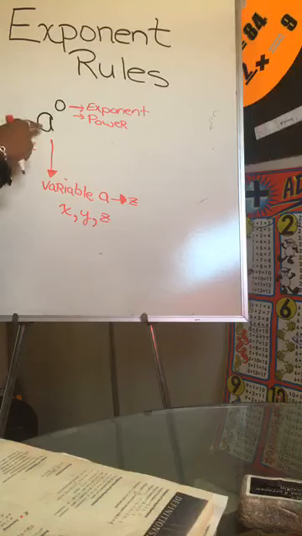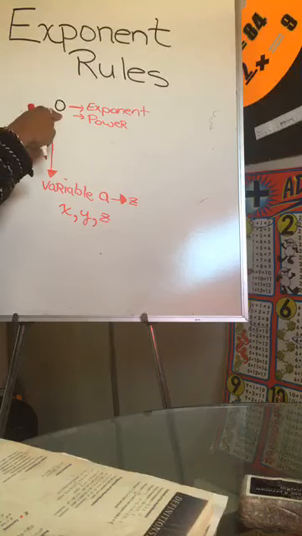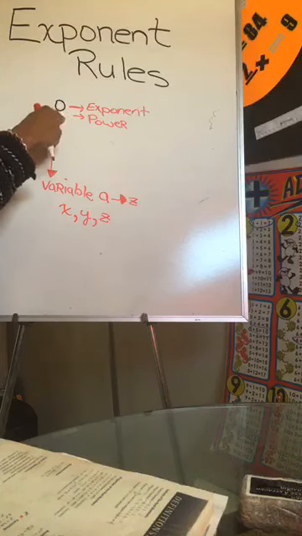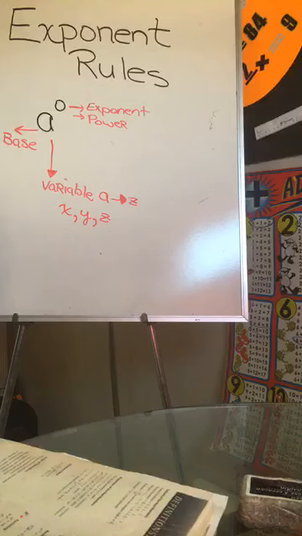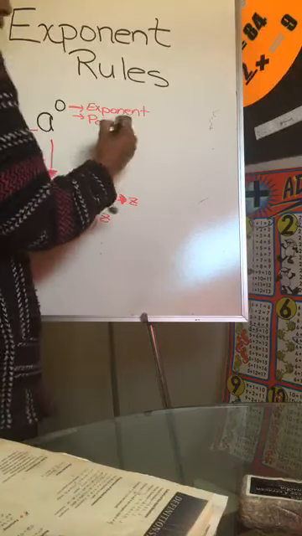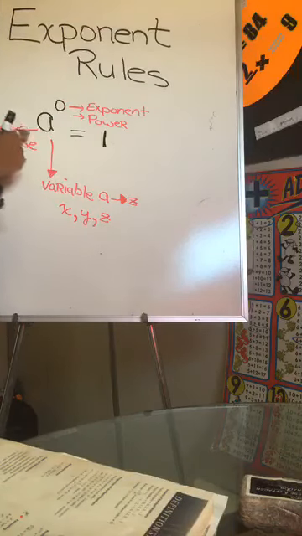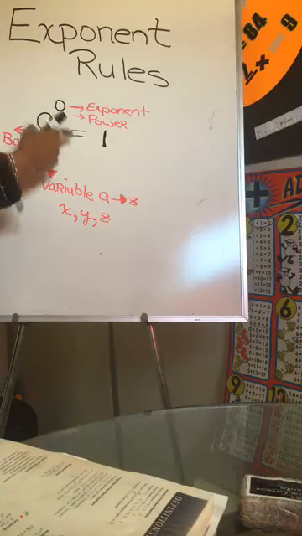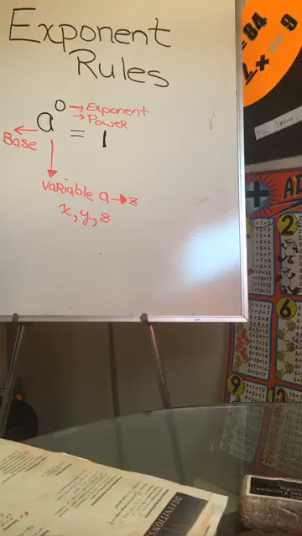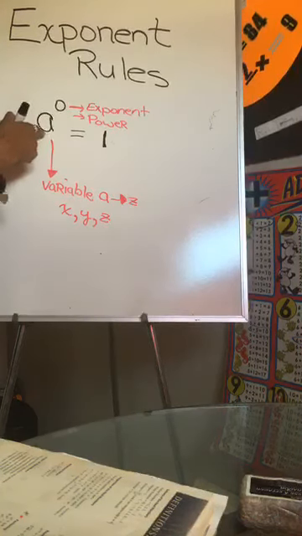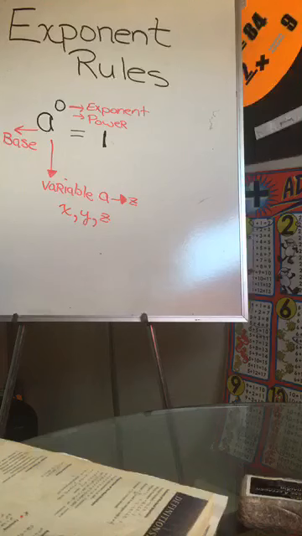Any base that's raised to an exponent or a power, if it's raised to the zero power, is equal to 1. So A raised to the zero power is equal to 1. It doesn't matter if it's A, B, C, D, or Z. If it's raised to the zero power, it is equal to 1.